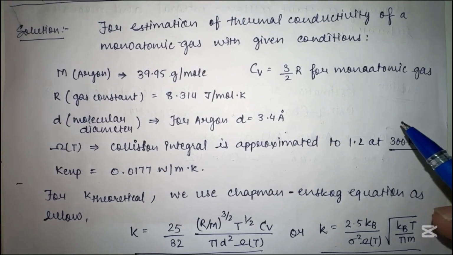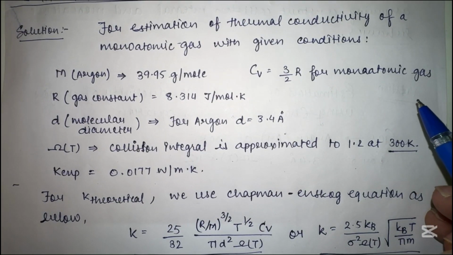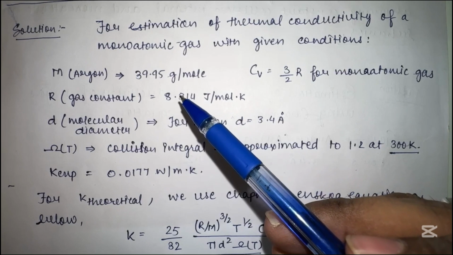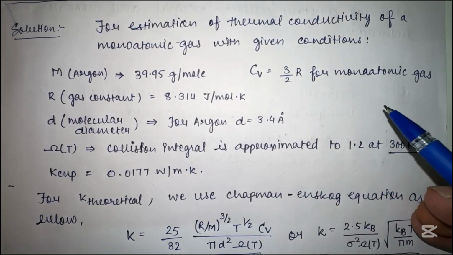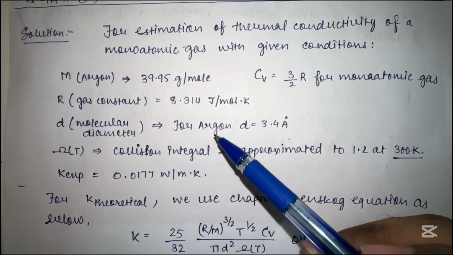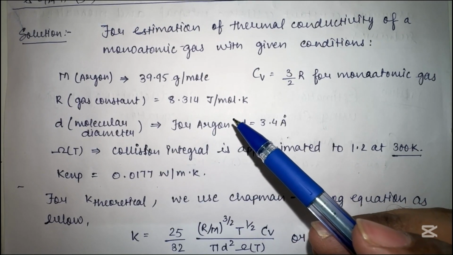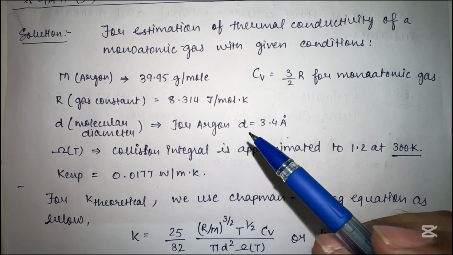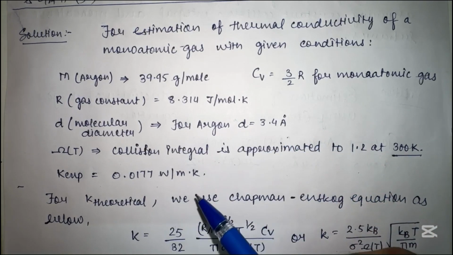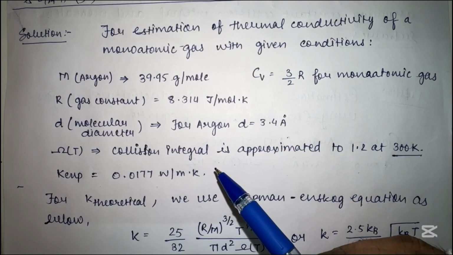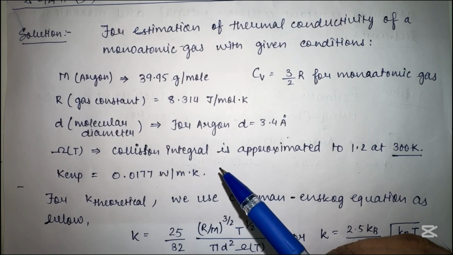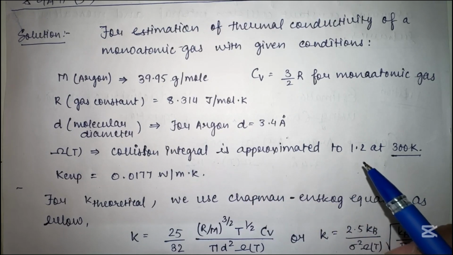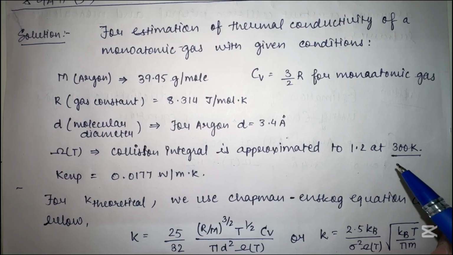Here is the estimation of thermal conductivity of a monoatomic gas with given conditions. So we will initially begin with writing the given details for the question, where argon gas is assumed to be a monoatomic gas. The given gas constant is 8.314 joule per mole Kelvin. The molecular diameter or sigma value is 3.4 angstrom. Here the collision integral needs to be calculated differently with the provided details, but for the ease of the question we have approximated it to the value of 1.2 at 300 Kelvin.